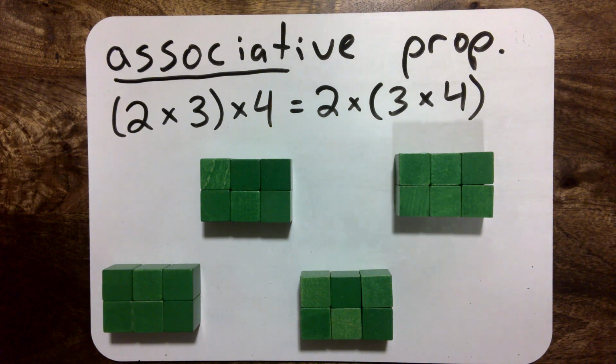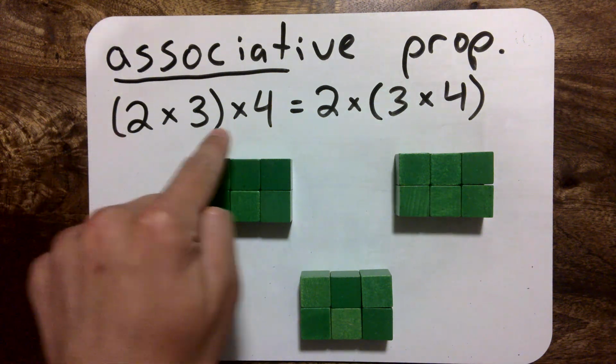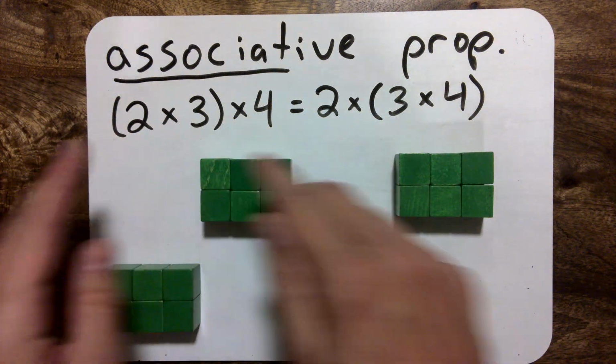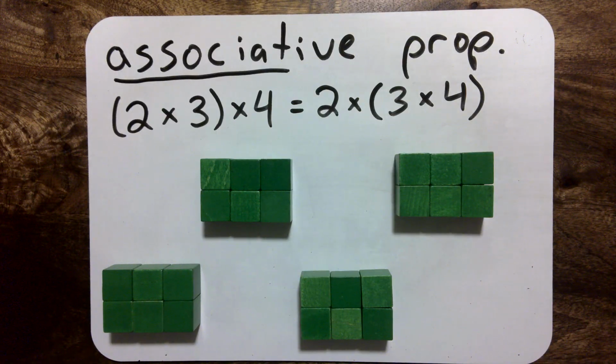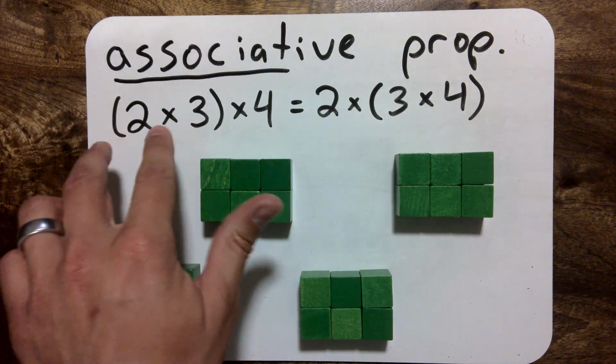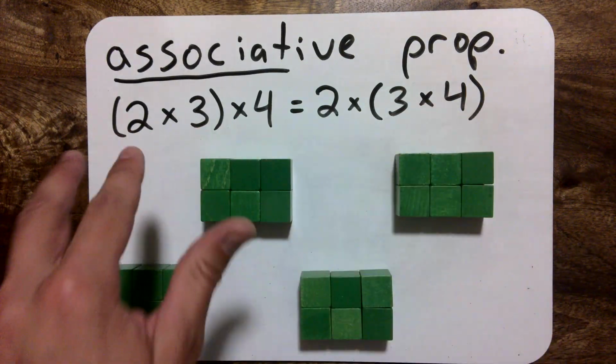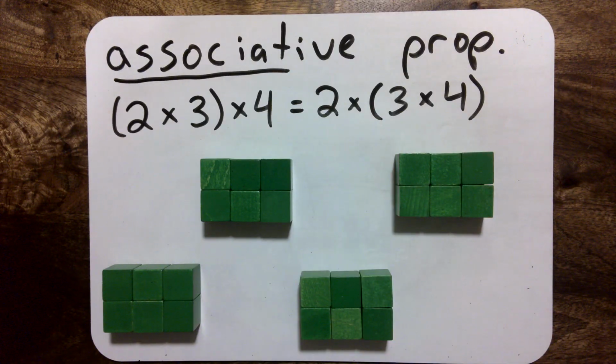So the associative property is saying that if all we're doing is multiplying values, we can start with any of them first and we will get the same result, the same total. Okay. So I'm going to show two different models.